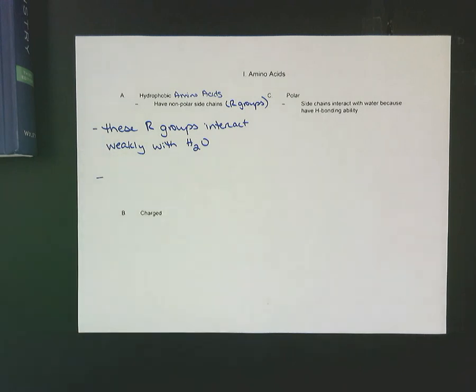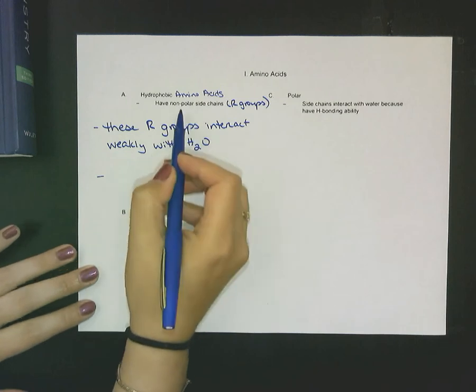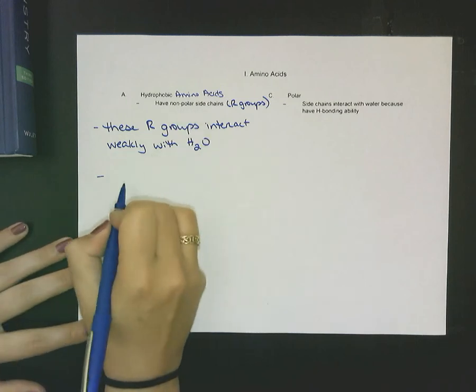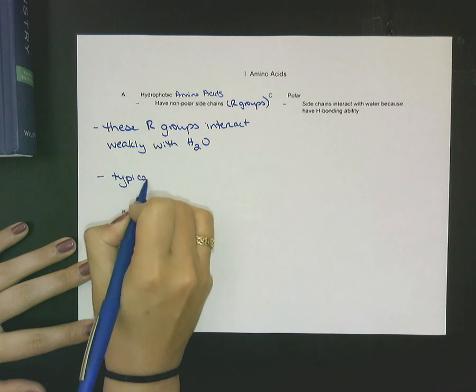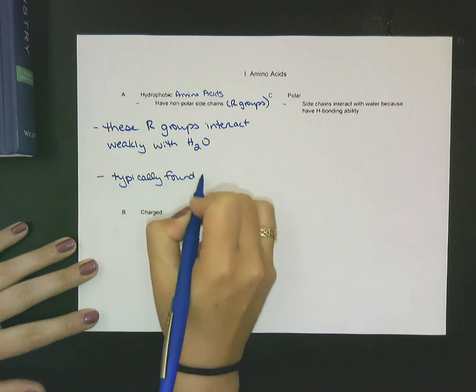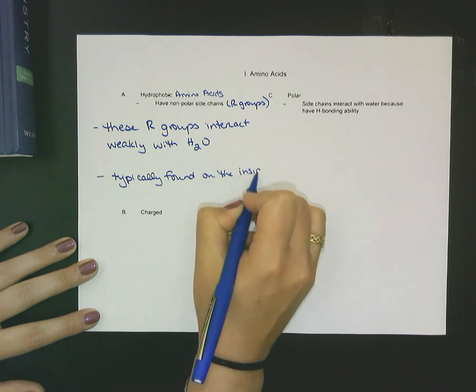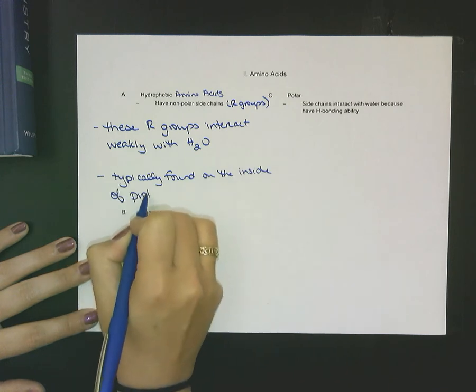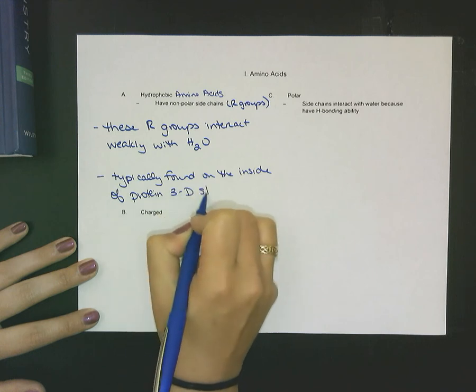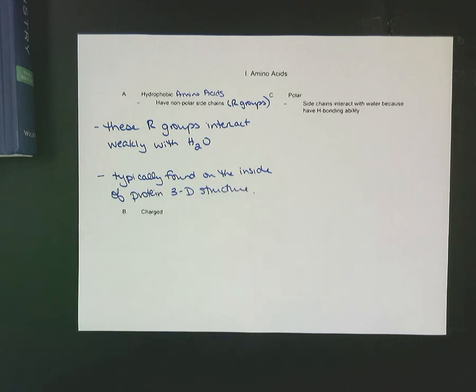So as I'm putting together my protein and starting to fold it up, am I going to want to put those hydrophobic groups on the inside where they interact with each other, or on the outside where they're interacting with the water? Inside. So these amino acids are typically found on the inside of a protein. We'll do a little activity in here on Friday where you get to build your own protein, and we'll practice folding it to get your amino acids either on the inside or the outside.